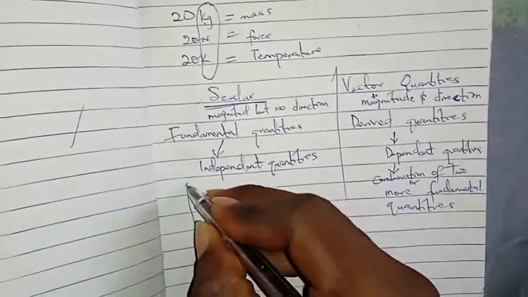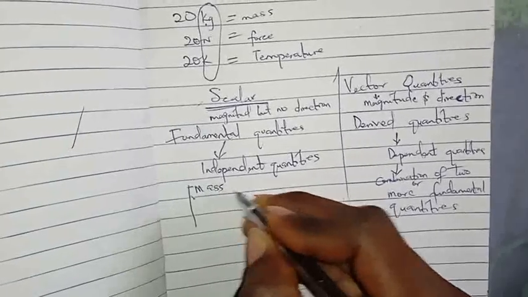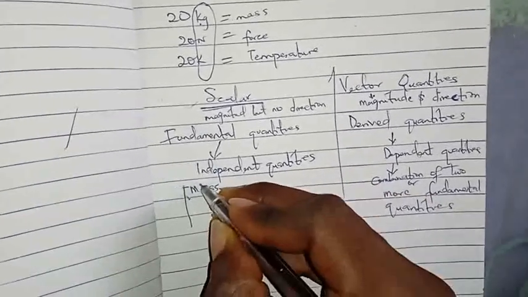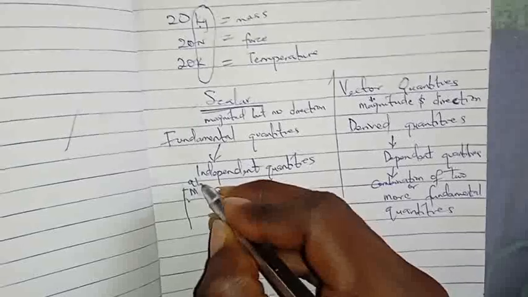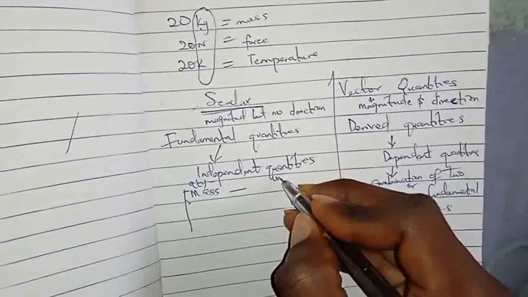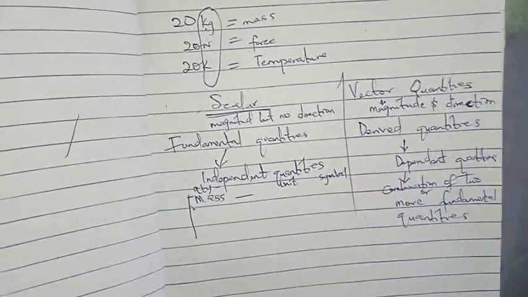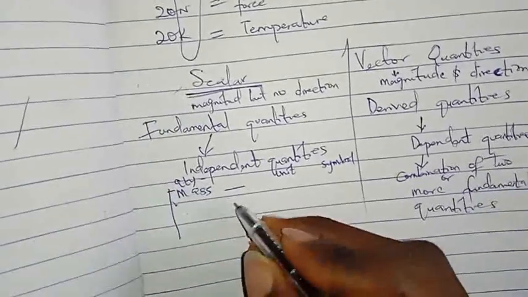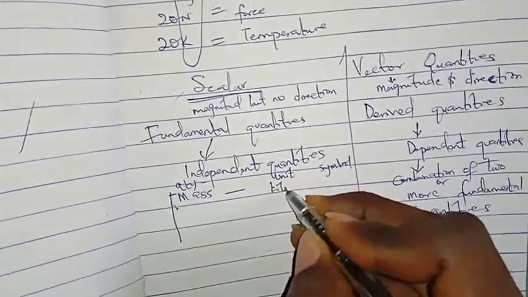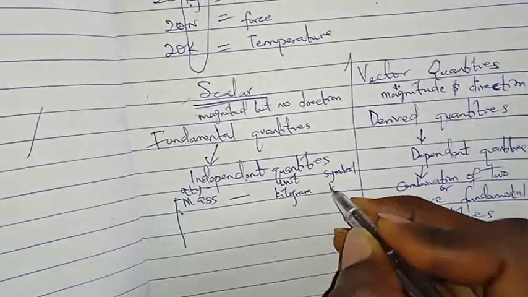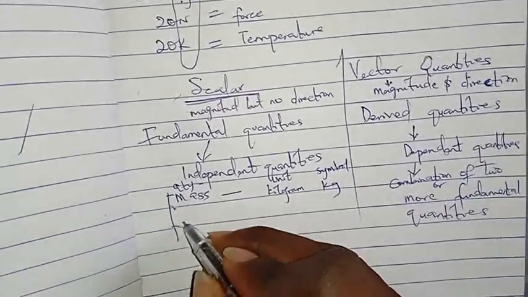We have what we call mass. So quantity, units, symbol. We have mass. Its unit is kilogram. The symbol is kg. We have what we call length.